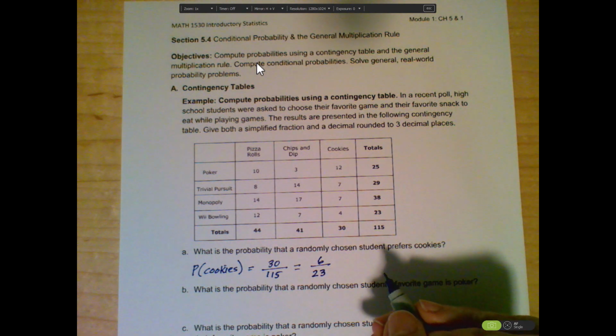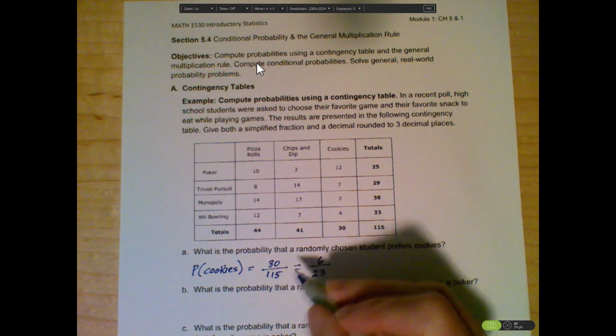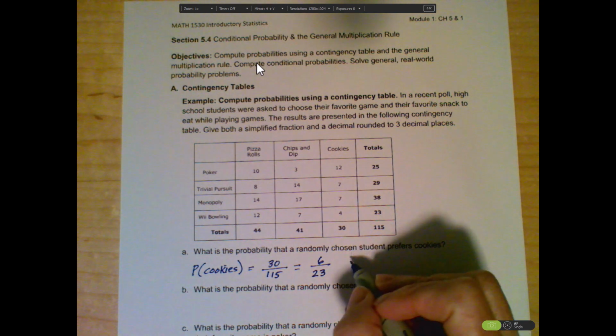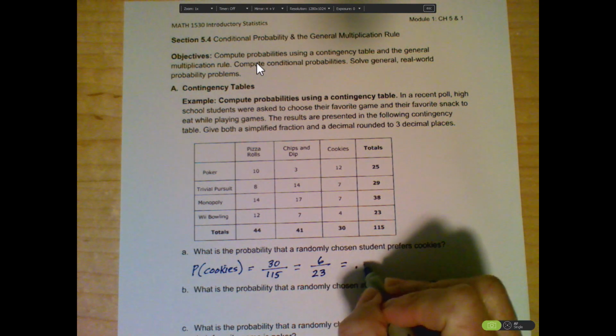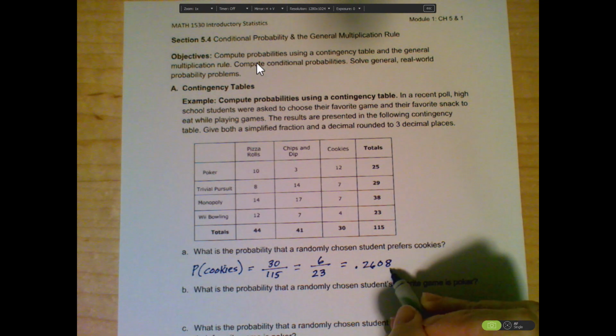Now to find the decimal, which you saw just a minute ago when you did this division, we'll just do 6 divided by 23, and that's 0.2608. For 3 decimal places, that's why I took it out to 4.